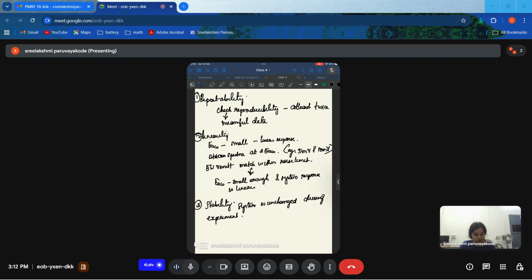So how do we now confirm that? How do we confirm that the system is stable during the experiment time? Usually we assume that an impedance experiment will take around 15 minutes to be done.